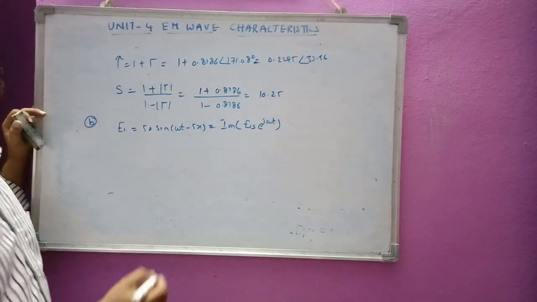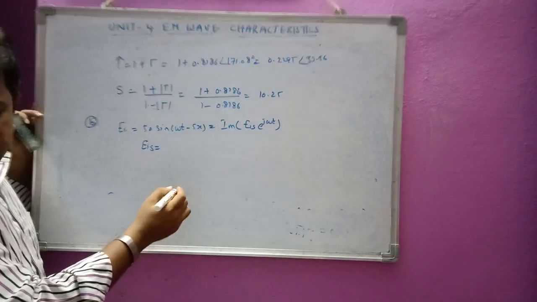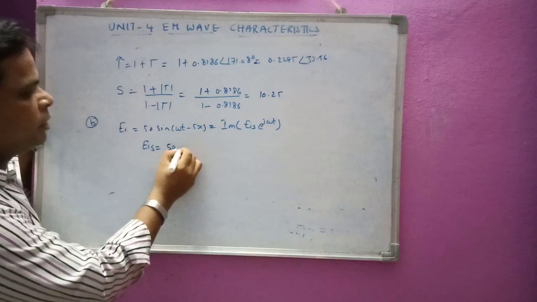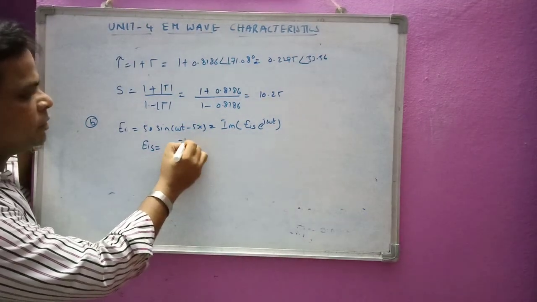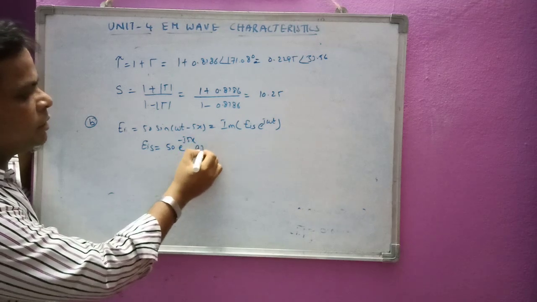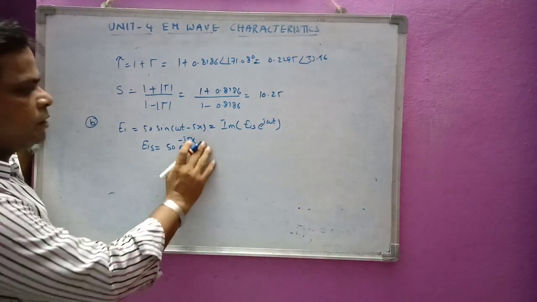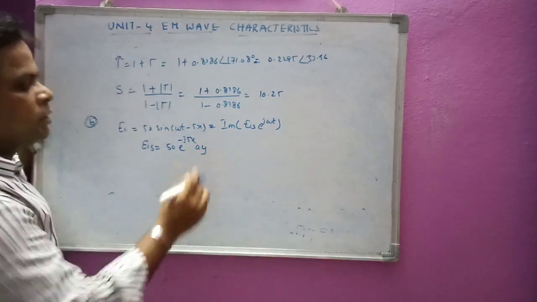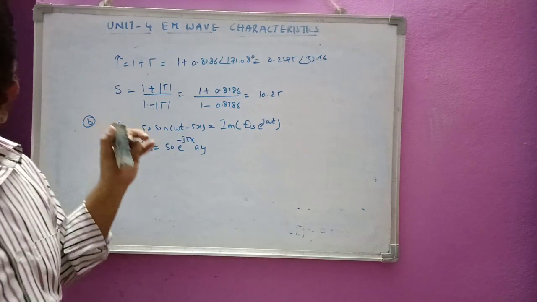Where EIS is equal to again 50 e power minus j phi x into ay, because it is in y direction. So you can see in that question itself he has given the y direction.